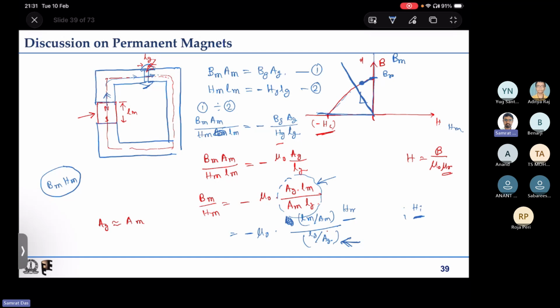So this is some basic brief discussion on permanent magnets. I hope it clarifies whatever doubt was raised in the group.